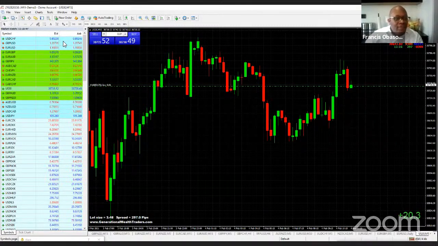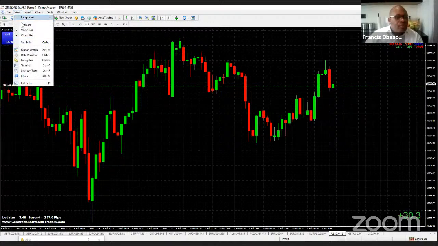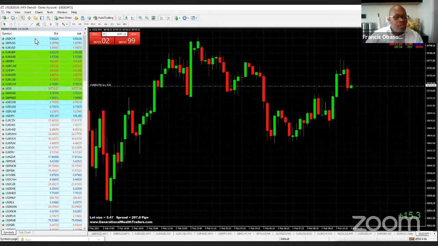You can see here, I've just opened the market watch window. If you want to close it, you click on there like so. If you want to open up the market watch window, you go to view, market watch, or Control M on your computer. So these are the different assets.